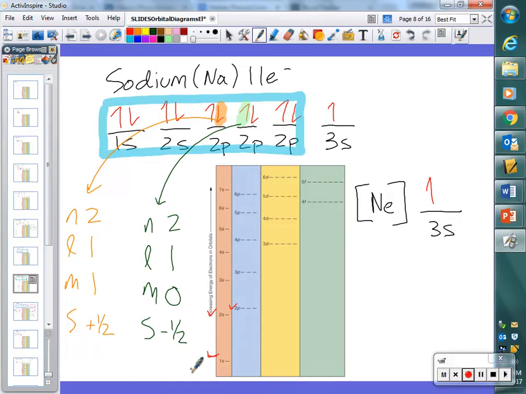And why the m's? The m's have to be different because this is 2p here, but this is a different 2p orbital. Remember, how many 2p orbitals are there? There are 3 of them: x-axis, y-axis, z-axis. And these 2 electrons that I highlighted are in different orbitals.